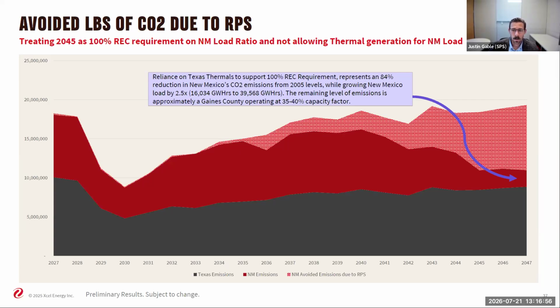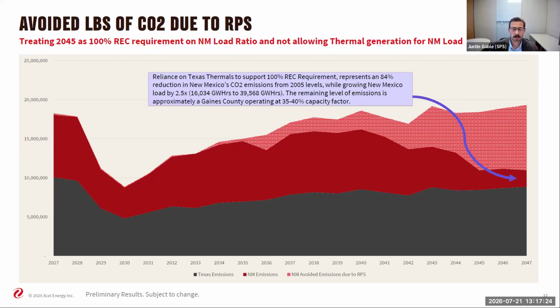Now, what we are indicating here is that with this modeling approach, although we are not allowing any additional carbon resources on the system to serve New Mexico on a load ratio share, we still see that you can attribute around 2 million pounds of CO2 emissions past 2045 annually. Now, why is that?